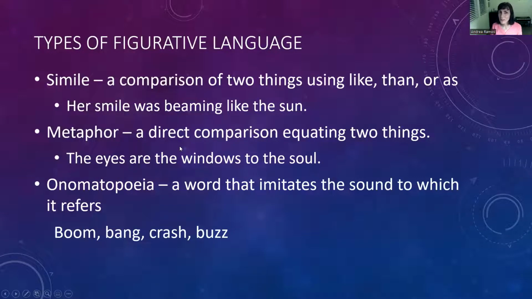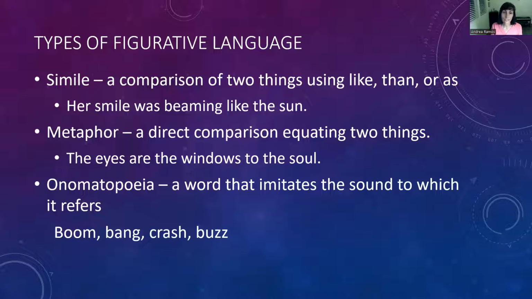So here are some types of figurative language that you can learn the term for and see some examples of and understand how to use in your own speech. One example is a simile. A simile is a comparison of two things using the words like, than, or as.